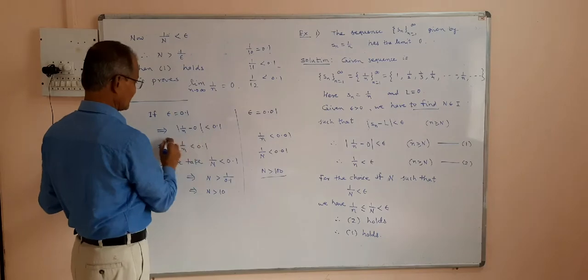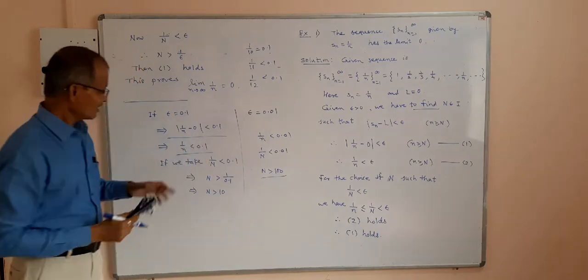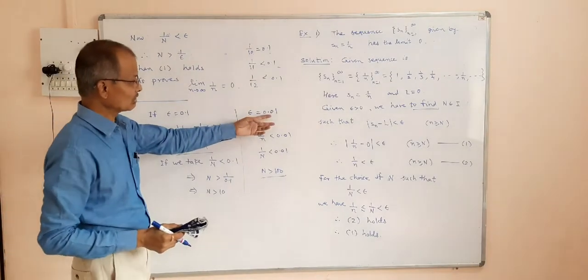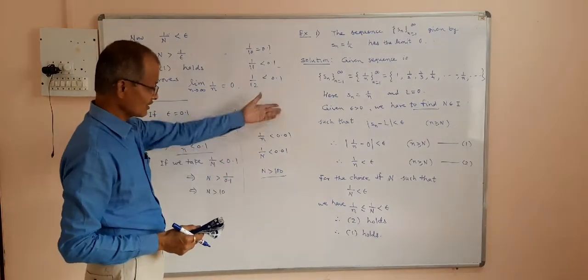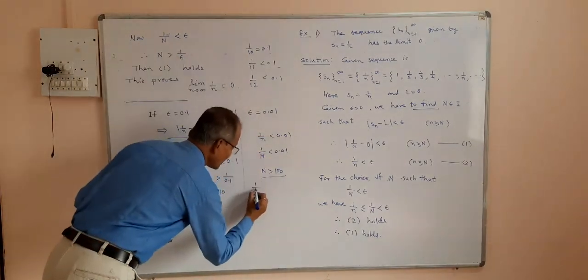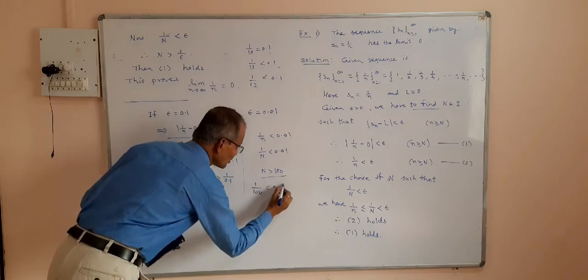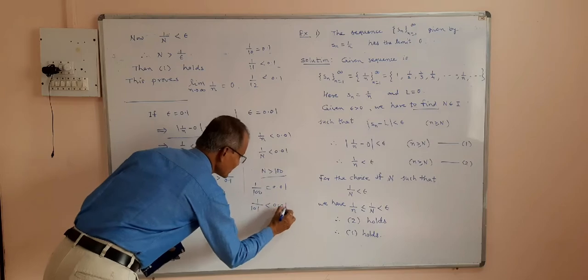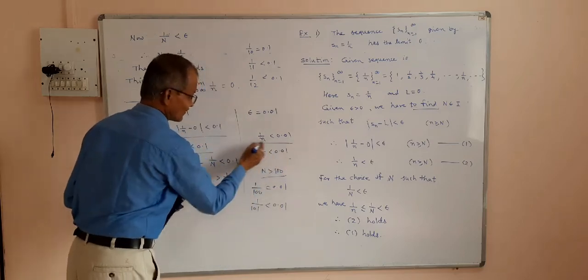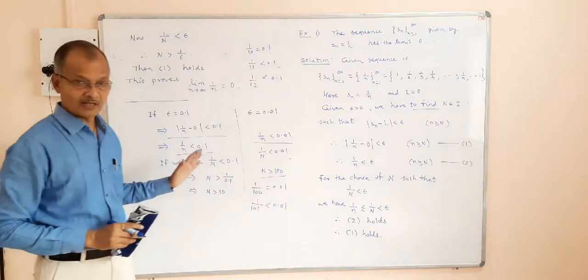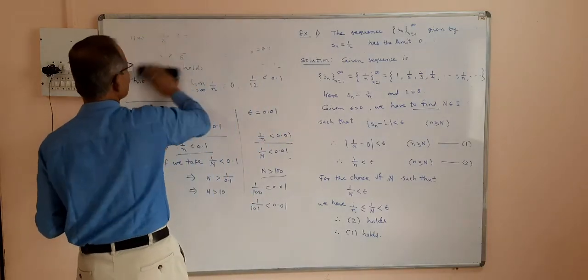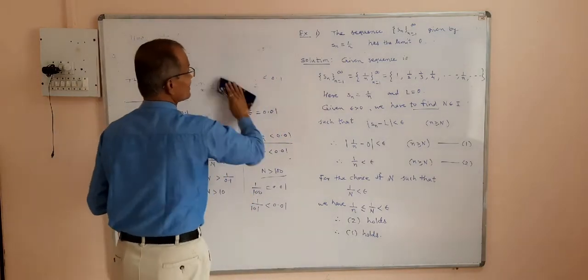So that is satisfied. 1 by n will be less than 0.1. And similarly, if epsilon is 0.01, after 100 terms, actually 1 by 100 is 0.01 and 1 by 101 will be less than this, and that satisfies this condition. So this is the meaning of limit of a sequence. So this is about the first example. We have shown this sequence has limit 0.